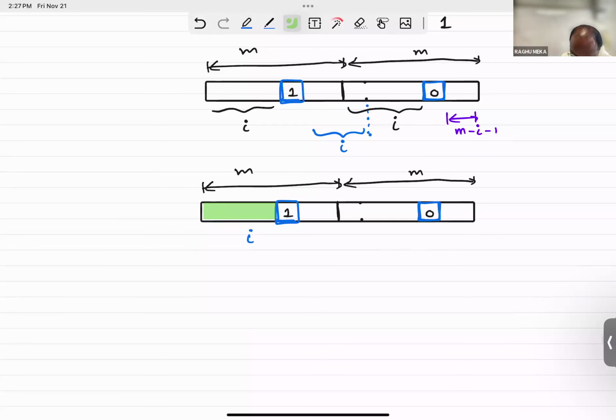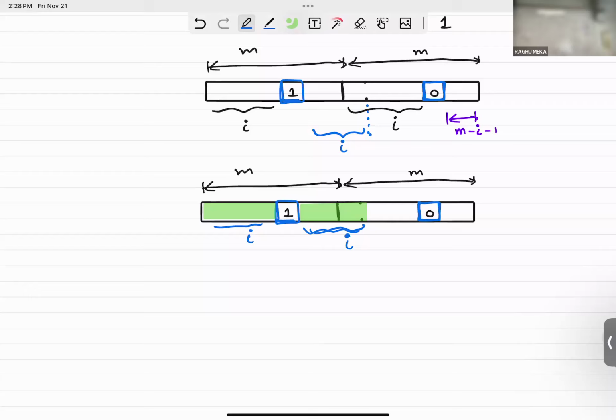I'm going to, for whatever reason, with some intuition, think of I bits here. So I'm saying the 1 appeared I positions from here, and I'm going to think of I positions afterward.